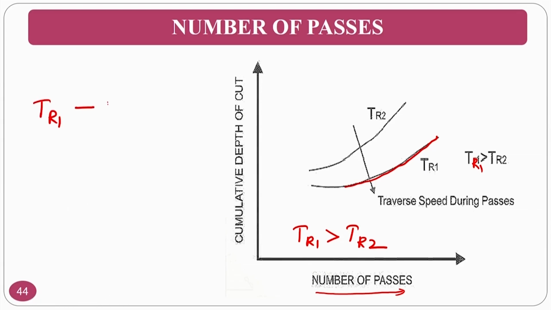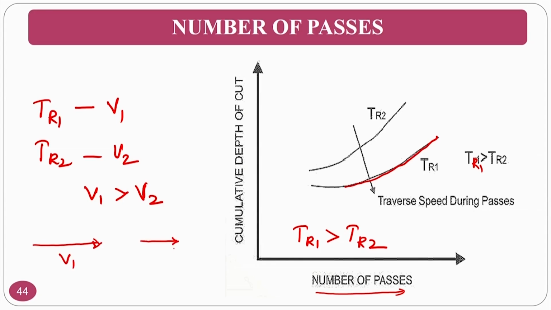TR1 has velocity 1, TR2 has velocity 2. Velocity 1 is higher than velocity 2, because of which the movement of the nozzle is very fast in the V1 case, and in the other case it is less.